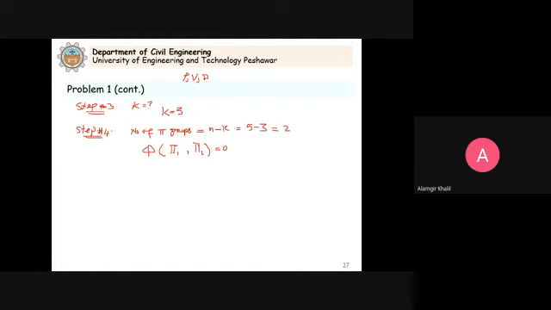How many dimensionless groups? 2. And this is coming from the Buckingham pi theorem. So it means that these 5 variables present in the problem, we can reduce them to 2 dimensionless groups.